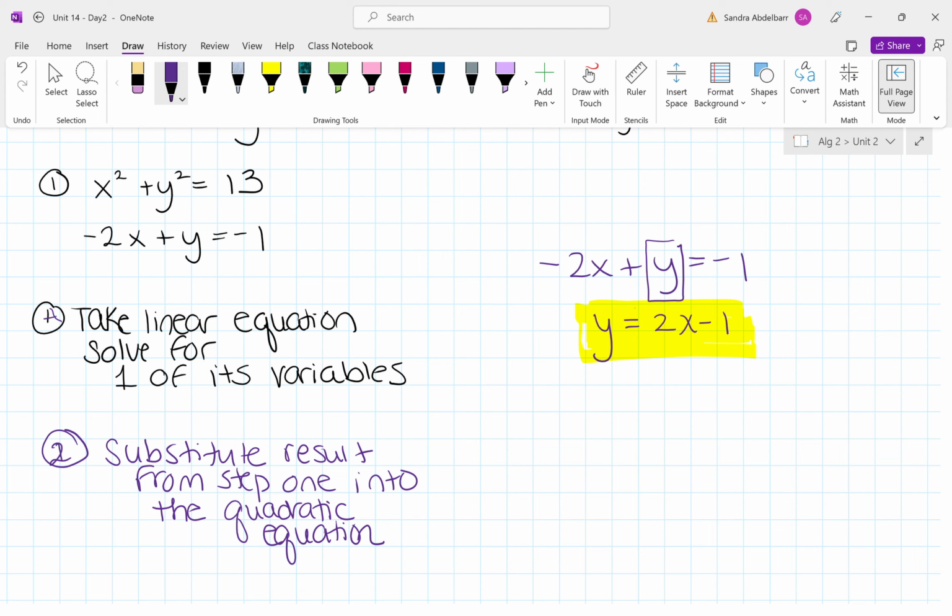Instead of 1, 2, let's call this A, B. All right, so now I'm taking my quadratic, x squared plus y squared equals 13. I'll wait for you all to catch up.